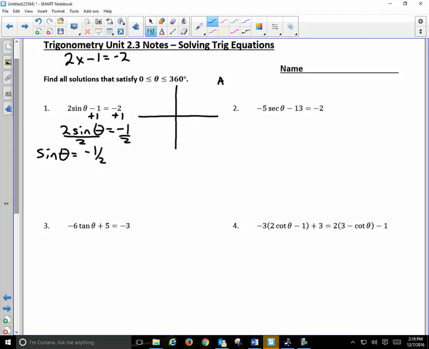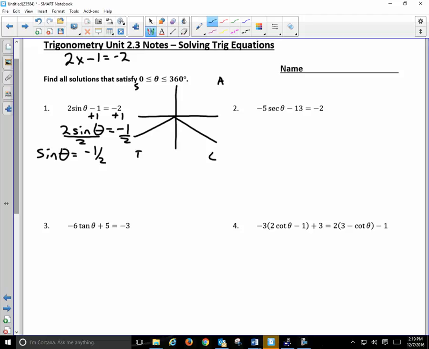All students take calculus. Is sine positive or negative in this problem? It is negative. If sine is negative, which quadrants is sine negative in? It's negative in the third quadrant, and it's negative in the fourth quadrant.